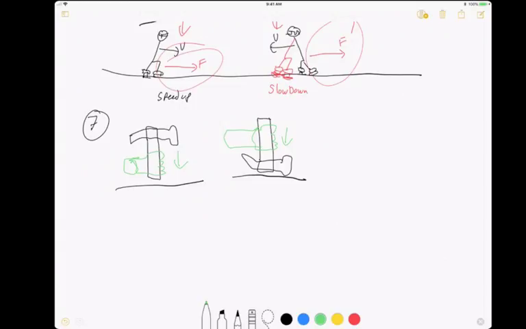Essentially, there's going to be a force from the table pushing up. And the two different parts aren't all that well connected.